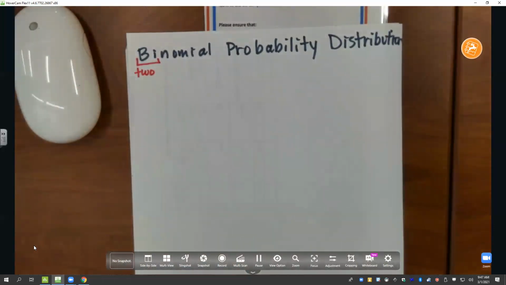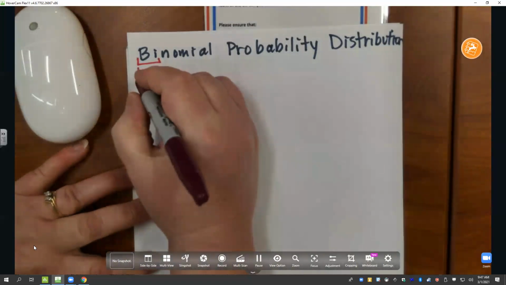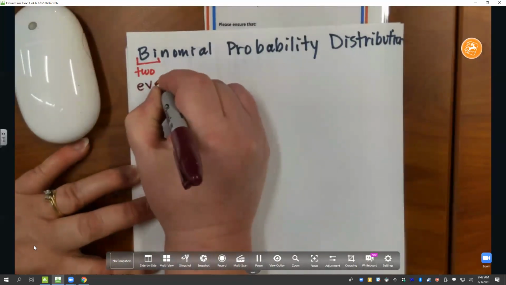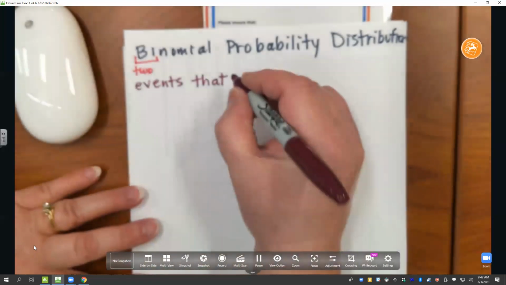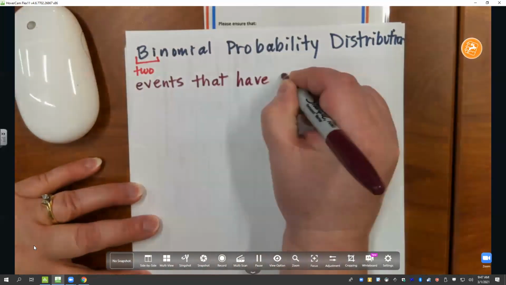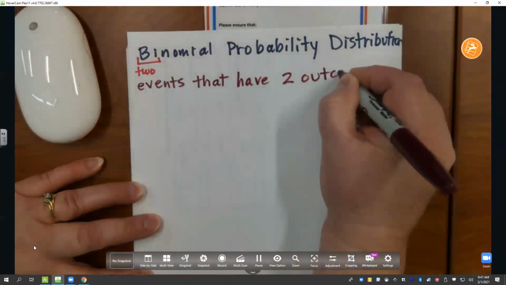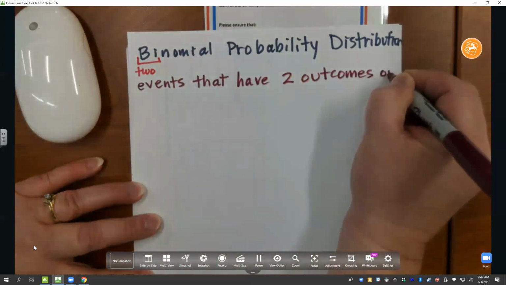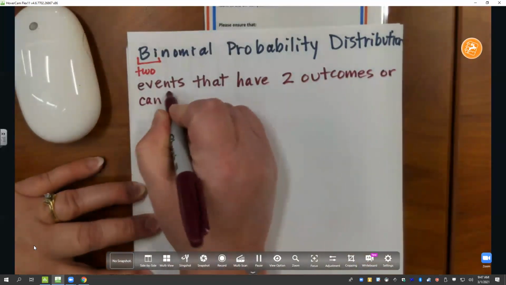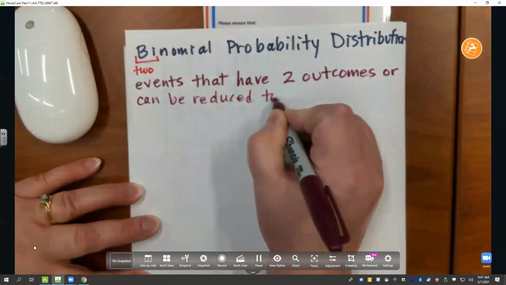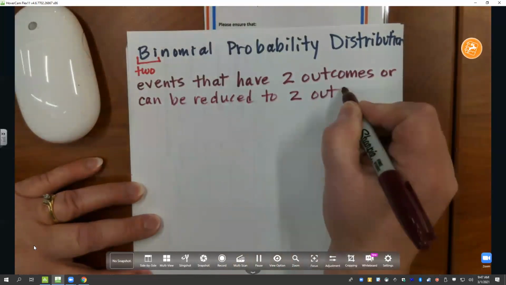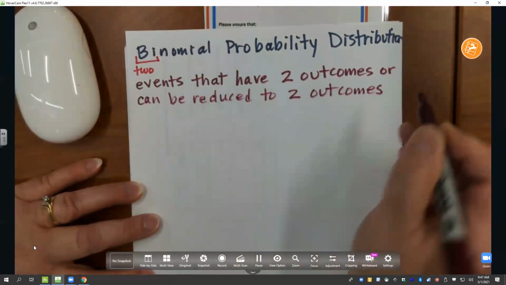So a binomial probability distribution involves events that have 2 outcomes, or can be reduced to 2 outcomes. And I'll explain that further as we go.